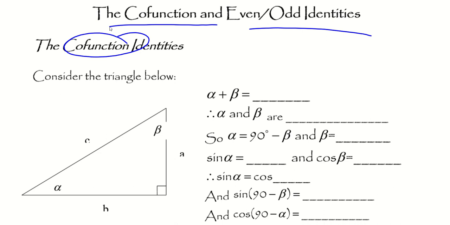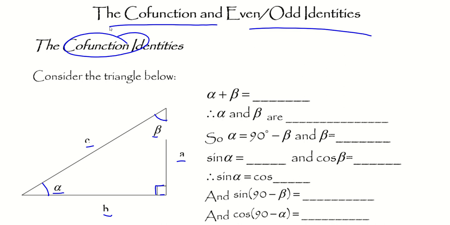So consider this right triangle where we have our right angle, and then we have our two acute angles. One we're going to call alpha, that's its measure, and the other one beta. And then we have the three sides of the triangle, right? A opposite alpha, B opposite beta, and C opposite our right angle.